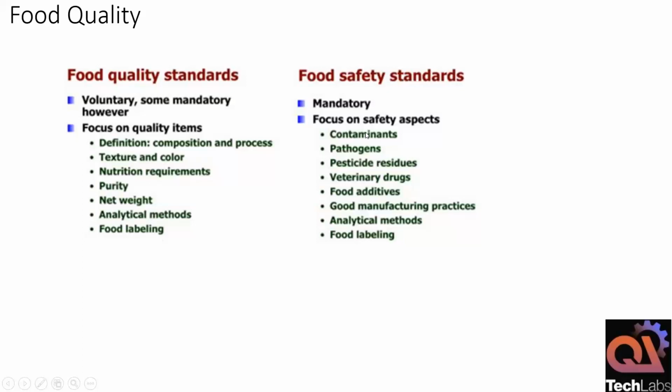Focus on safety: contamination, pesticide, additives, clean place for manufacturing. This is safety. This is quality. Both go hand in hand, right? Quality, safety. Clear to everybody, this slide? Food quality. Very easy, right?